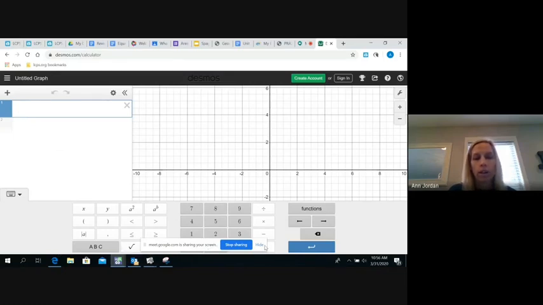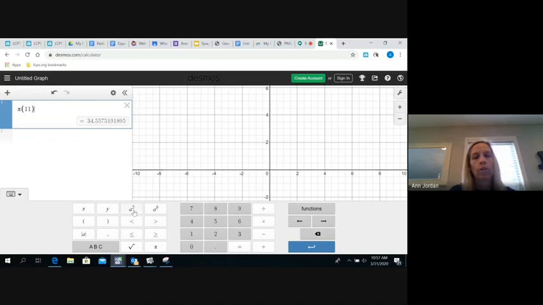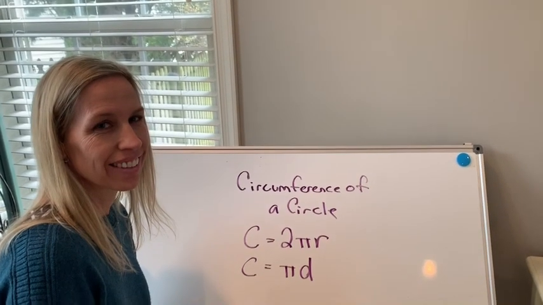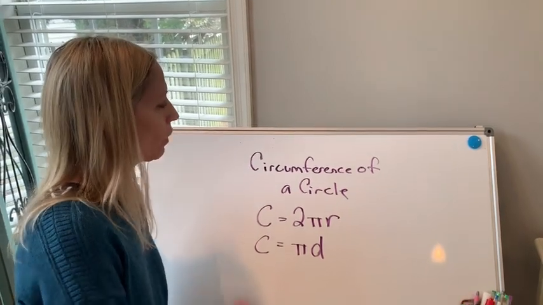You're going to get pi by going down and showing your keypad. And then I need to hide that. The pi is right here. And then I'm going to put parentheses around my r here. In this case, it's 11. Put my other parentheses, and then to square it, I'm going to use this a squared. So our answer is 380.1.